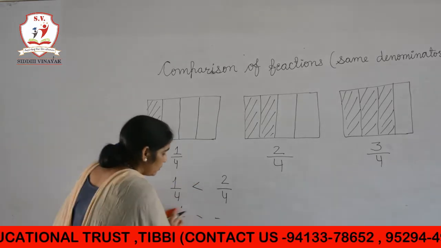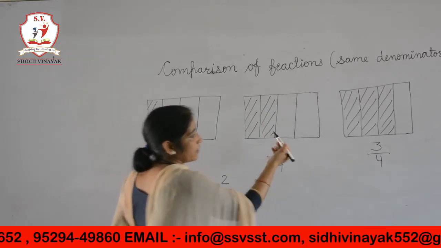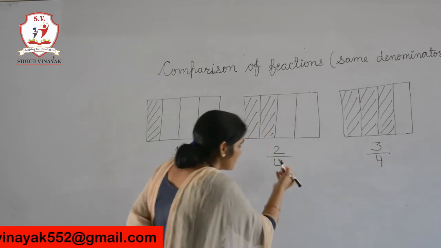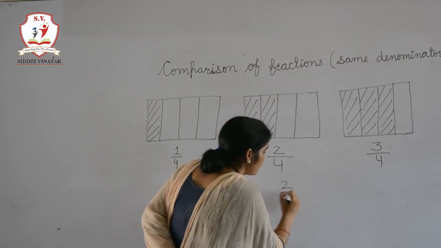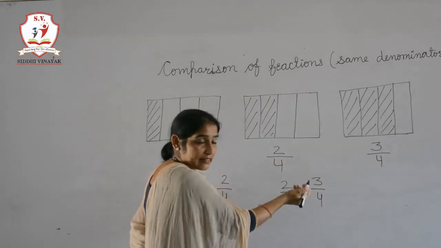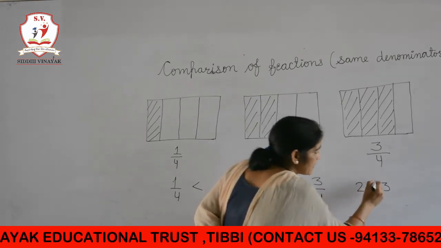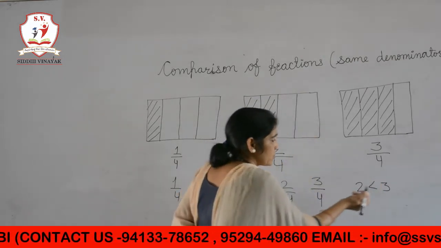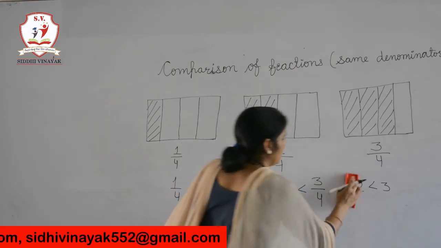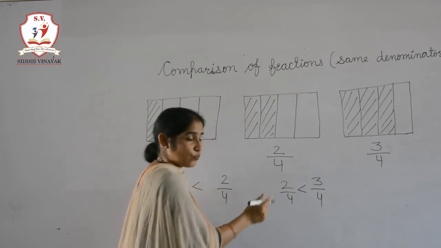So 2 upon 4 is greater. We compare the last 2 figures: 2 upon 4 and 3 upon 4. Which is greater, 2 or 3? 3 is the greatest number. So 3 upon 4 is greater than 2 upon 4.